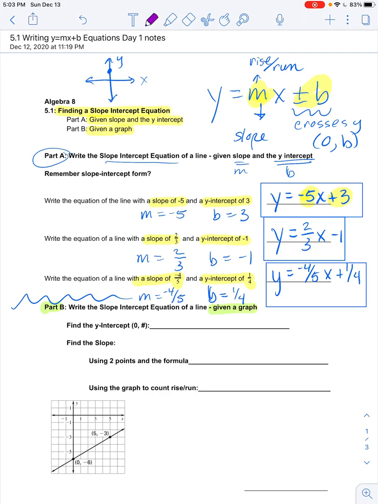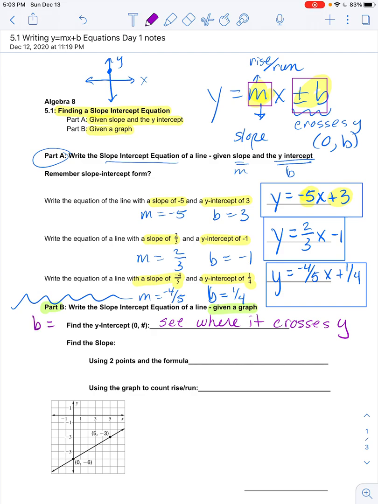Whenever you write those equations, you need to find the slope, and you need to find the intercept. So in this case, to find the y-intercept, you're basically just going to look with your eyes, and you're going to see where it crosses y. That's going to be your b value.